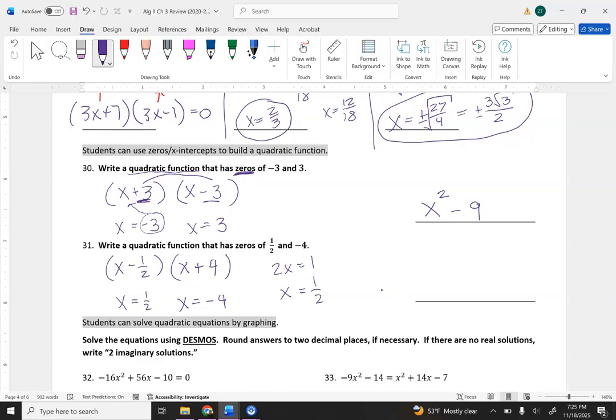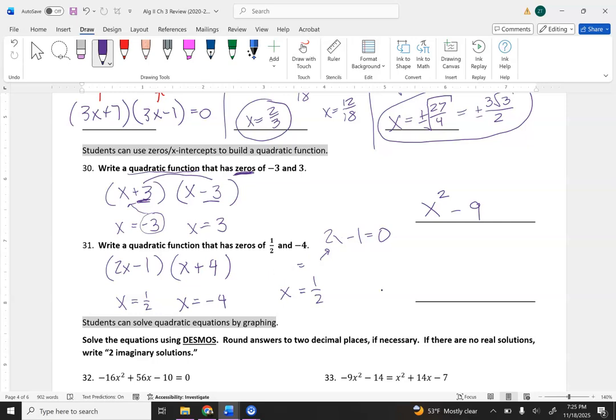And then if we wanted to move the 1 over to that side, we could subtract the 1 over, and that would give us 2x minus 1. So instead of writing x minus a half, one of the ways you could write that so that you don't have to deal with a fraction is 2x minus 1.